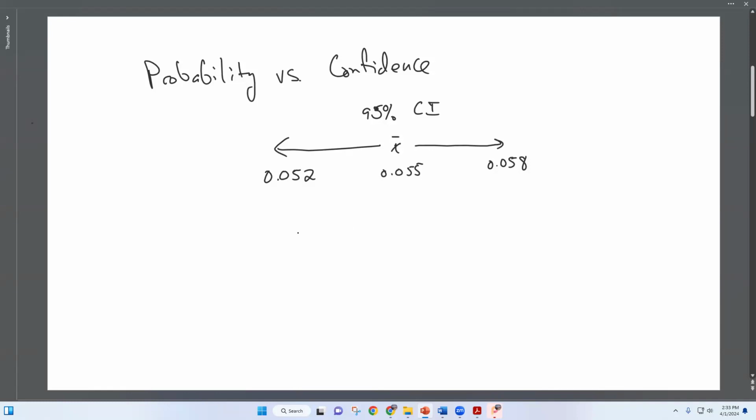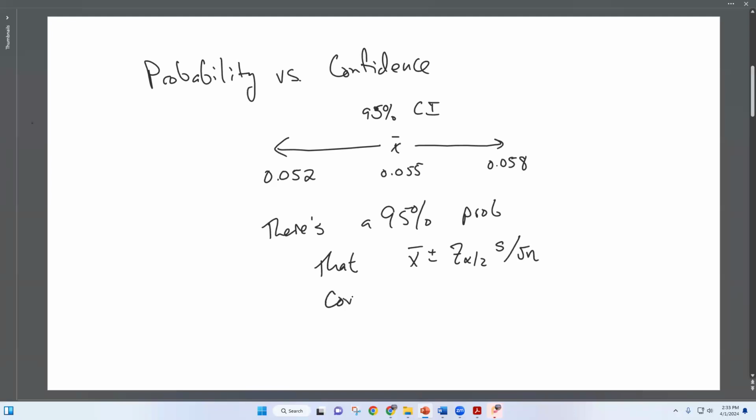When you get to probability statements, you can say that there's a 95% probability that the following confidence interval covers or encompasses the true mean value.